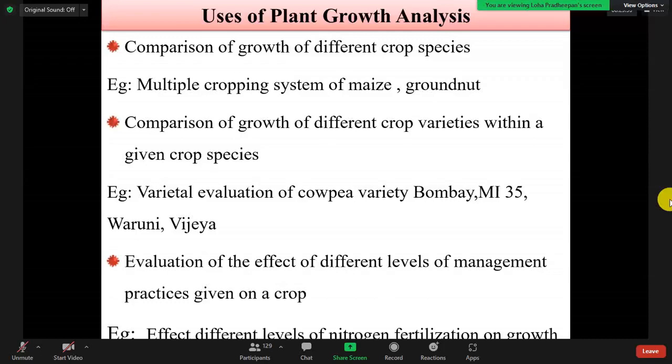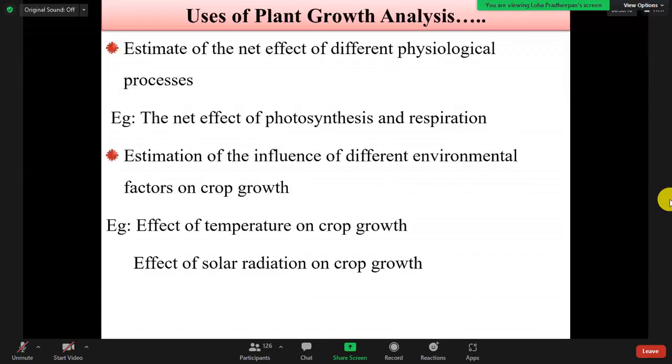By manipulating the amount or levels of fertilizer we apply, we are able to see different performance in the crop. That type of study we can do, and by using plant growth analysis we can measure and compare how the levels of management influence the crop yield. That is also one of the benefits.